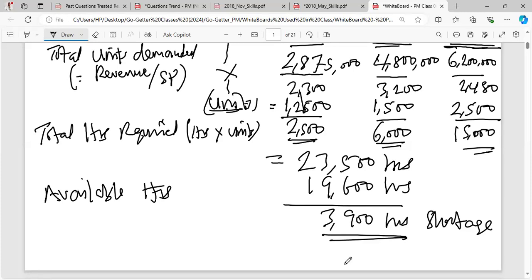Now it is possible you can have two shortages. Yes, but the one whose shortage is higher is going to be the limiting factor. But in the exam, you won't be given more than one limiting factor.